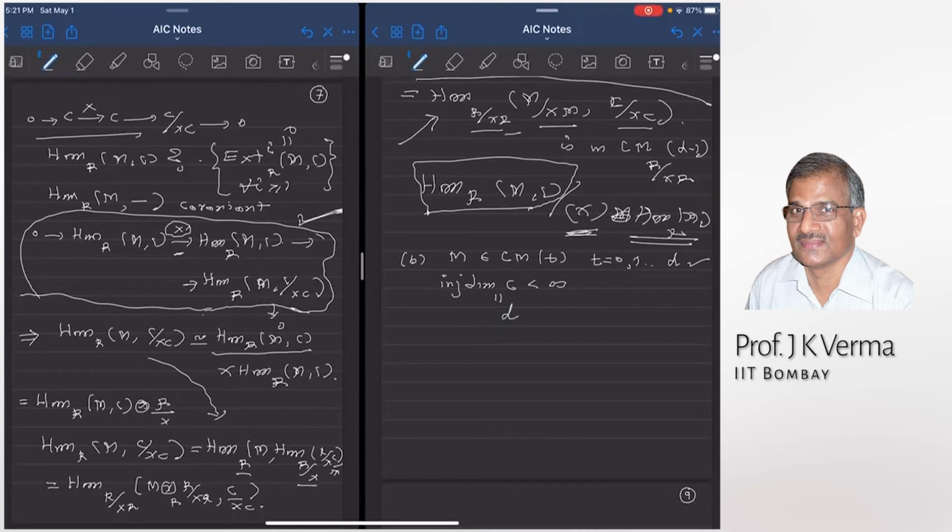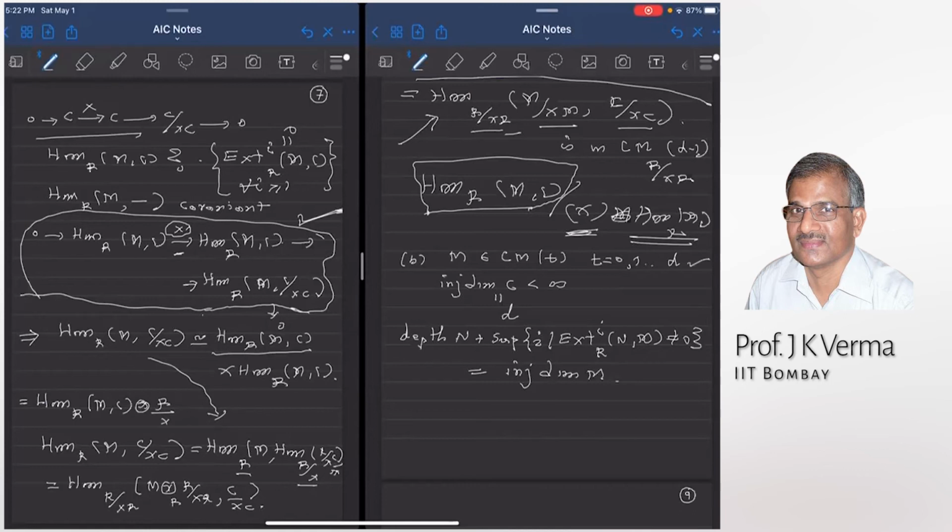Now recall this great formula: depth N plus the supremum of i such that Ext^i_R(N, M) is not equal to 0. Remember what this was? Can anybody recall what this is? Injective dimension. Injective dimension of M. Right.